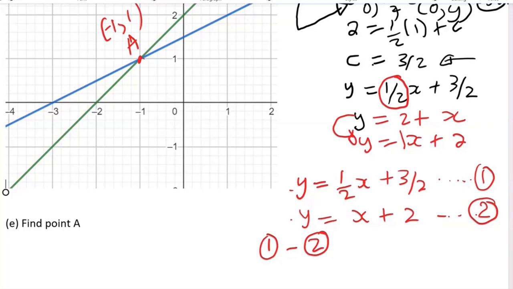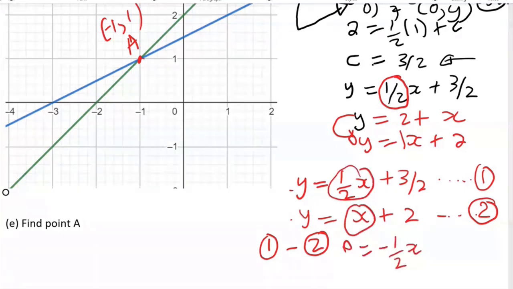Am I right? Then 3 over 2 minus 2. 3 over 2 minus 2 is equal to minus half. So this gives us minus half.